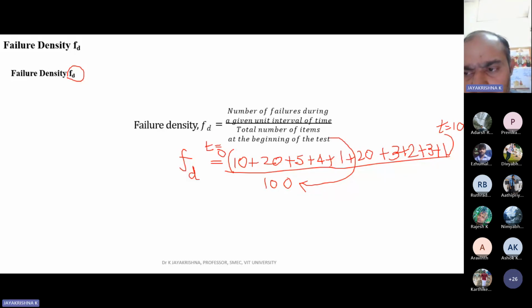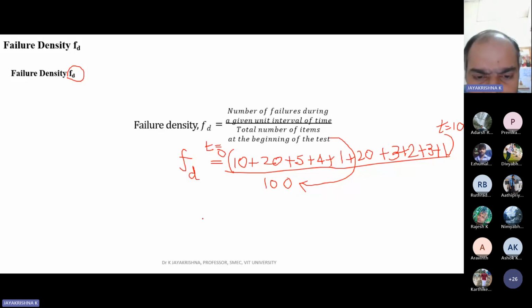After conducting 10 hours of test, a certain number of failures happen every hour. Say, for example, in the first hour it is 10, second hour 20, third hour 5, fourth hour 4, fifth hour 1, sixth hour 20, seventh hour 3, eighth hour 2, ninth hour 3, and the tenth hour only 1.